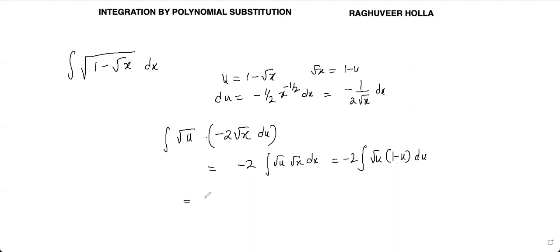Okay. So this whole thing becomes root u minus u power 3 by 2 into du. Let us integrate this.